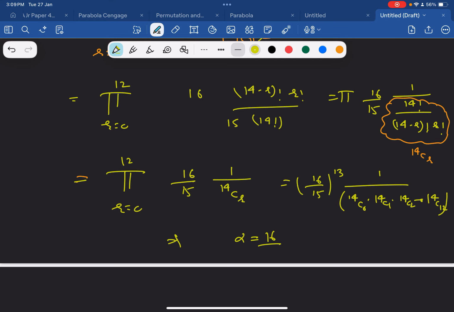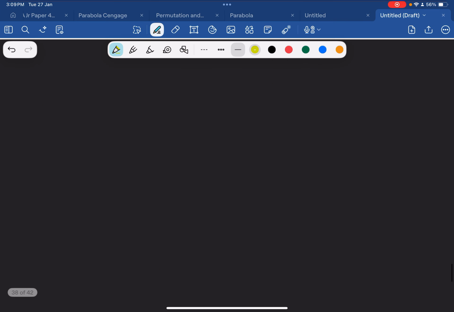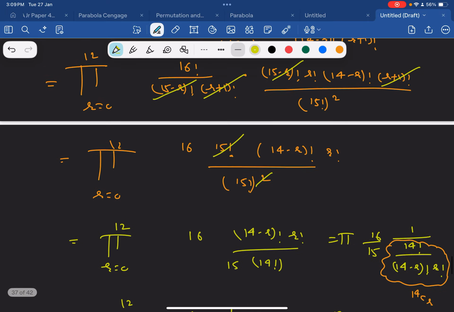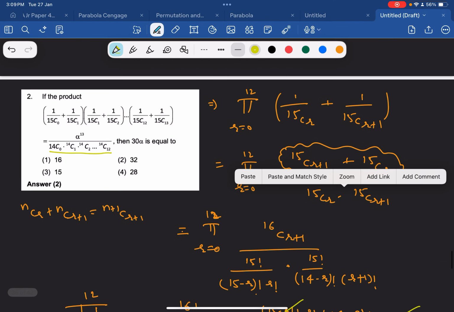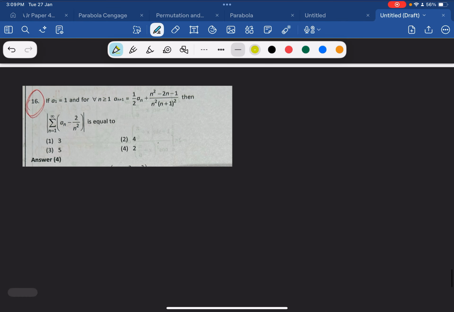So obviously, if you compare, alpha will be 16 by 15. In the question they are asking 30 alpha equals to. So 30 alpha will be 30 into 16 by 15, which is 2 into 16. So this will be 32. 32 will be the correct answer. So second will be the correct one.